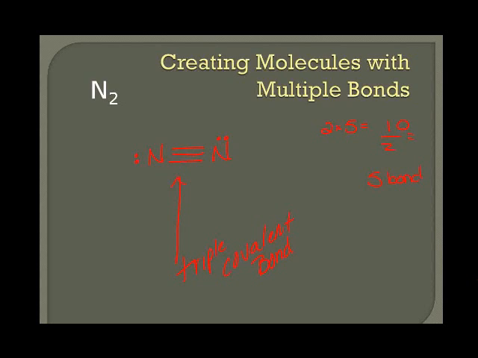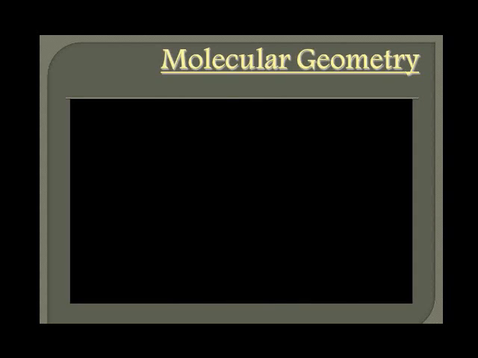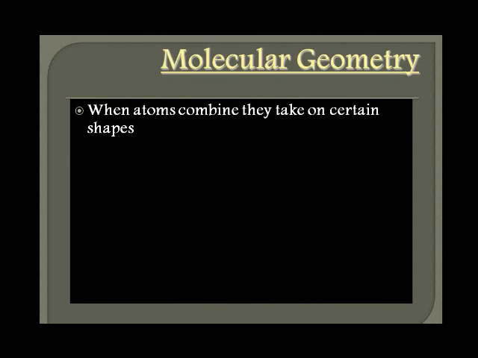So we started to create these Lewis structures, and we've seen that they take some particular shapes. Our molecular geometry tells us that when atoms combine to form small molecules, they're going to take on certain shapes that allow their pairs of valence electrons to arrange themselves as far away from each other as possible. Why?